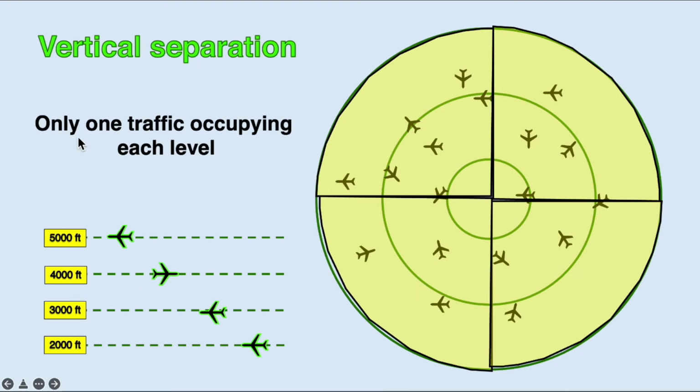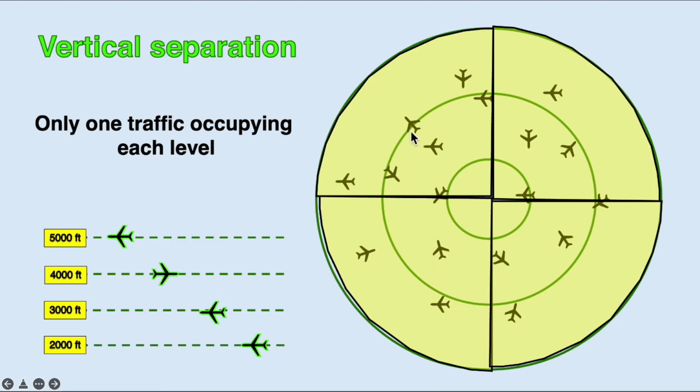Applying this rule. The rule is that you need to separate this radar into 4, for example, and inside this triangle, this part of the cake, all the traffics that are inside need to be at least at a different level. That means only one traffic occupying each level.